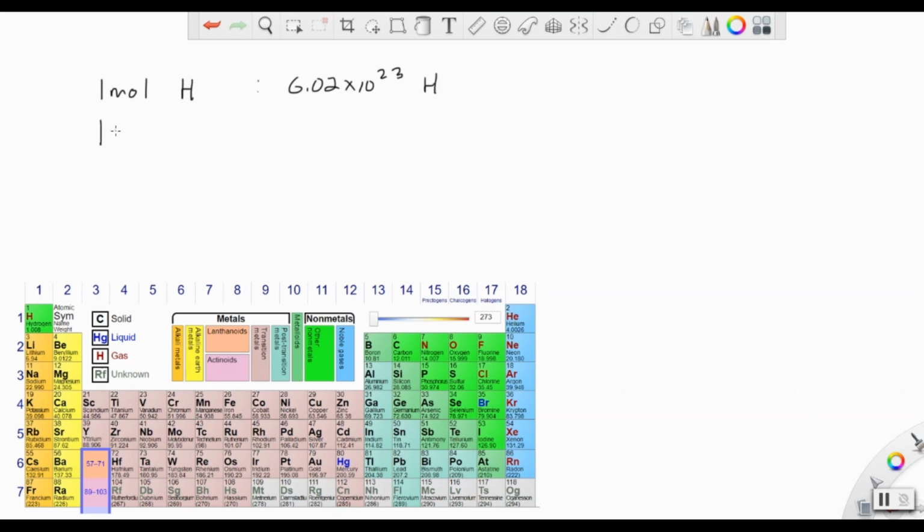I could say, no, I have 1 mole of hydrogen molecules. That would mean I have 6.02 times 10 to the 23 hydrogen molecules. If I combine those with some oxygen, then I could end up with 1 mole of water molecules, or 6.02 times 10 to the 23 water molecules.